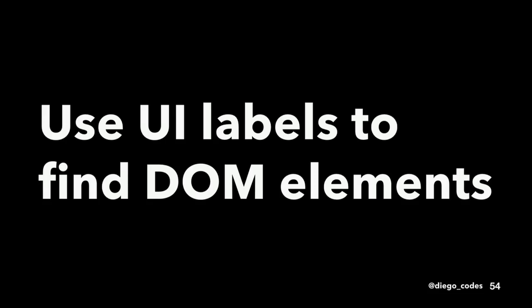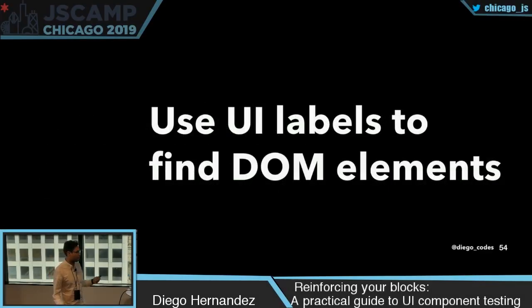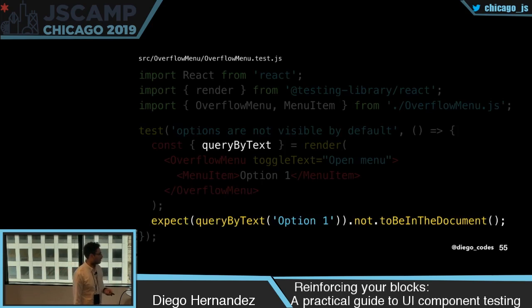So the things that you're following are the labels that are actually perceivable by a user. This would make your test a lot better and less brittle because a class name could change, an ID can change, but the labels are the things that the user is going to be able to see. So in this case, we're using the query by text function to find an element based on its text content.